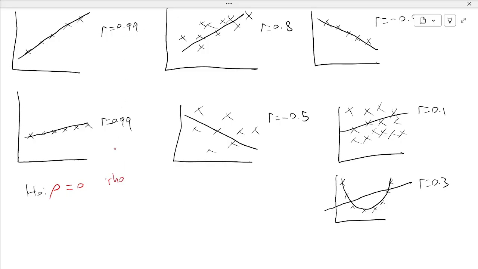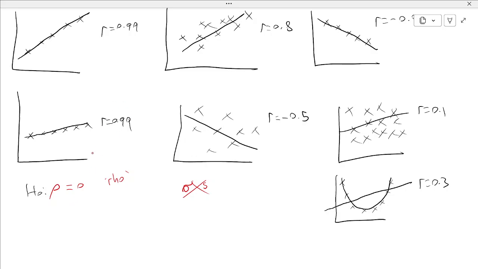Rho is the correlation coefficient for your whole population, and R is the correlation coefficient for your sample of the population. If you know about the sample standard deviation, it's like the difference between sigma and S. If you didn't know that, that's fine.